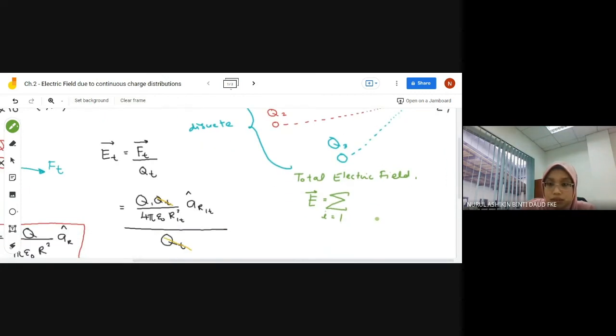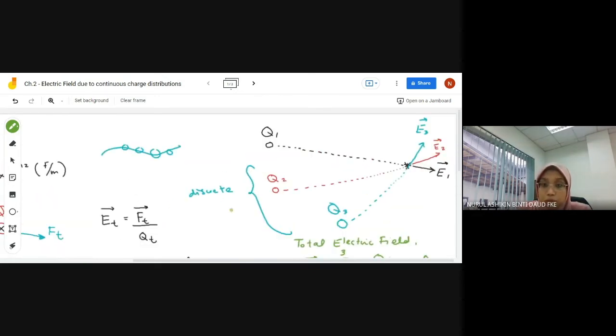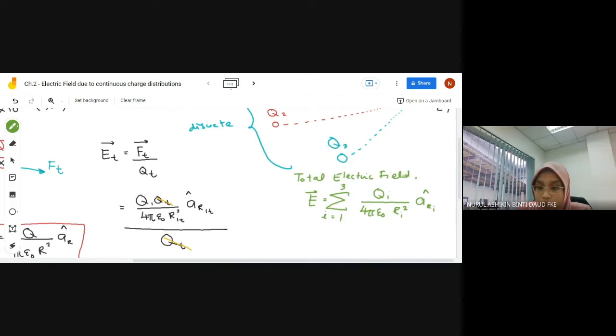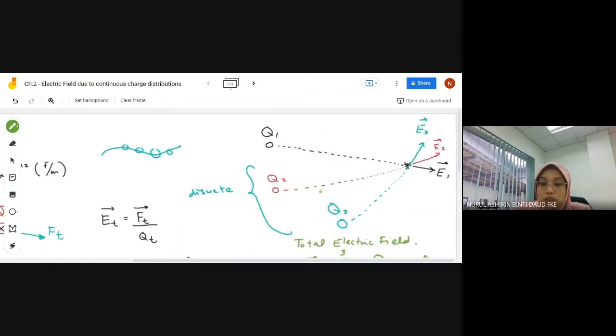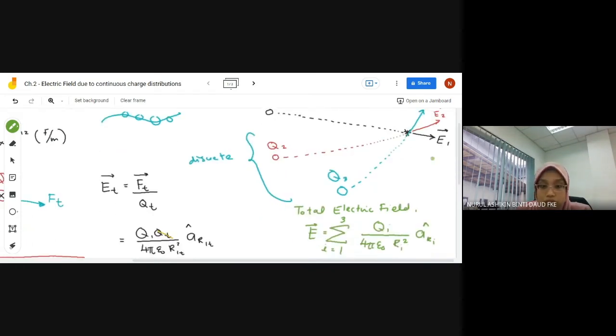So the sum of Qi over 4 pi epsilon naught Ri squared, in the a_Ri direction. So mathematically, if it is discrete, in order to find the total electric field, we need to sum all of these 3 points.